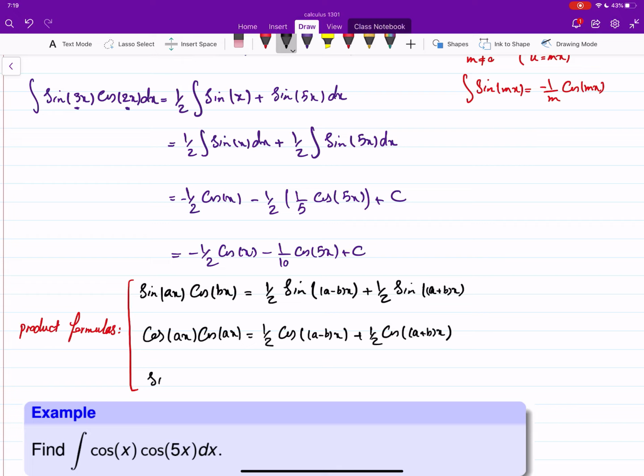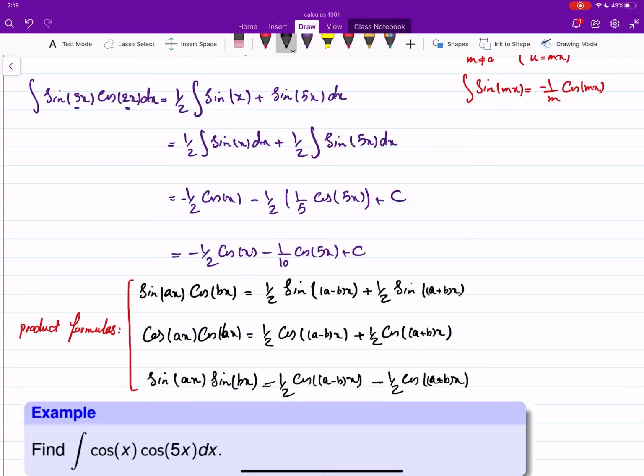And if you have two sines multiplied, oh, this must be b, sorry, and bx here, then you have still the same thing, half of cosine of a minus bx and half of cosine of a plus bx, but in the middle you have the negative sign. So these three formulas are what you need to know to deal with sine and cosine multiplied with different angles.